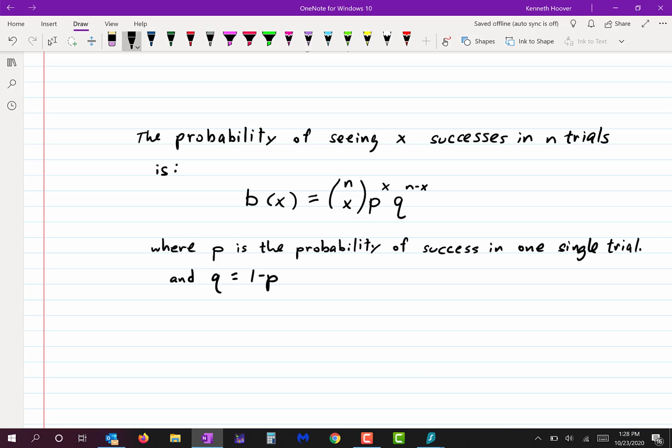And that's the probability of getting a failure. And the reason why we call that b of x is because this is called the binomial formula, and this is a binomial distribution, or binomial probability density function. Remember, I used those words in the last lecture.